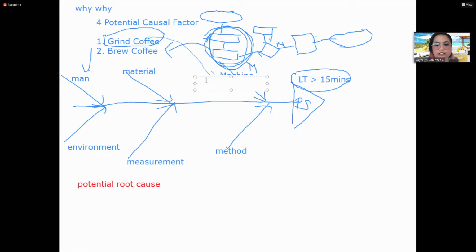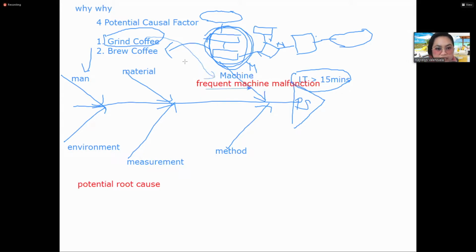So, punta muna tayo sa bakit nag-exceed. So, pwedeng machine. Pwedeng frequent. Okay, frequent machine malfunction. Now, bakit palagi tayong may machine malfunction? What could have been the reason?